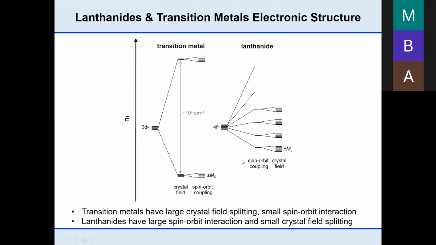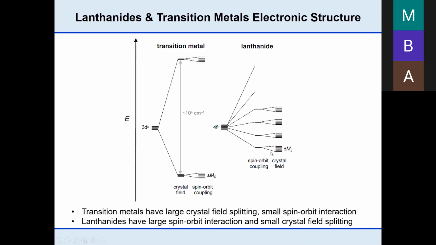For the lanthanides, it's a different story because our 4f orbitals are so radially compact and core-like. The crystal field interaction is what gives rise to the crystal field splitting, whereas the spin-orbit coupling is what determines the electronic ground state. What these different lines correspond to are the different J states that we can assume, that is, the different J values of the electronic term symbols that we can have.